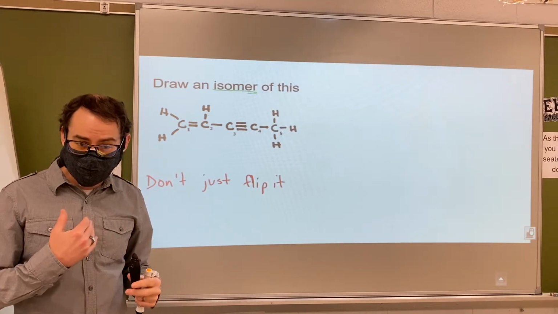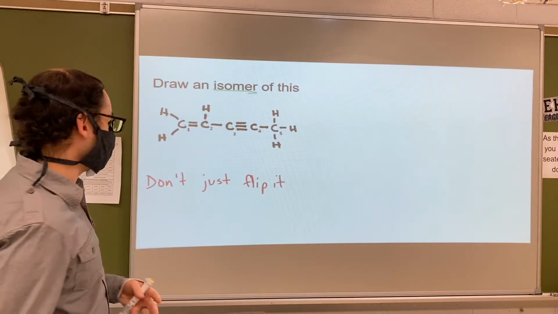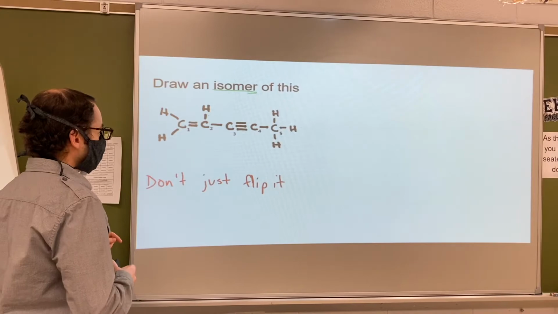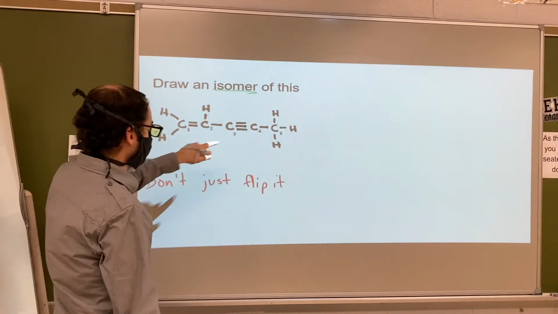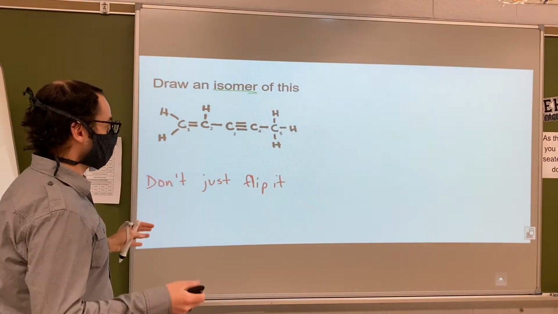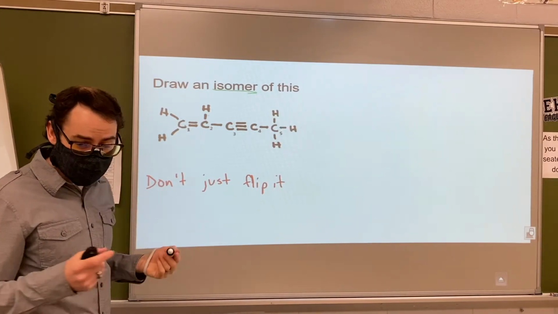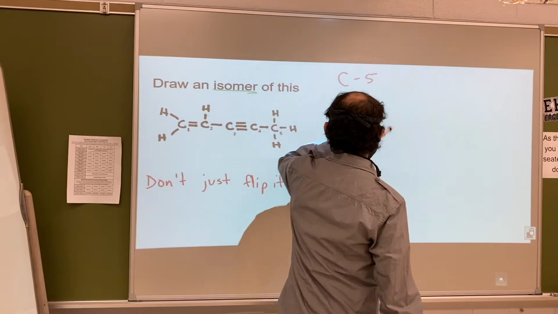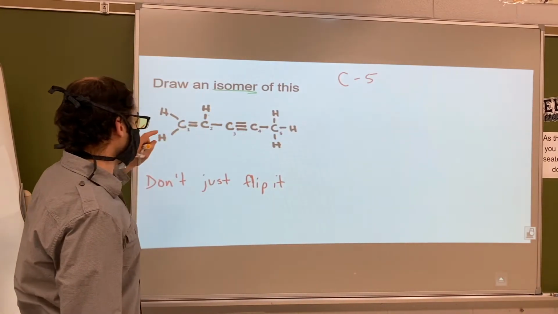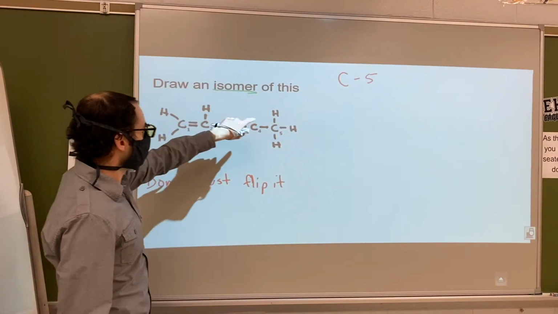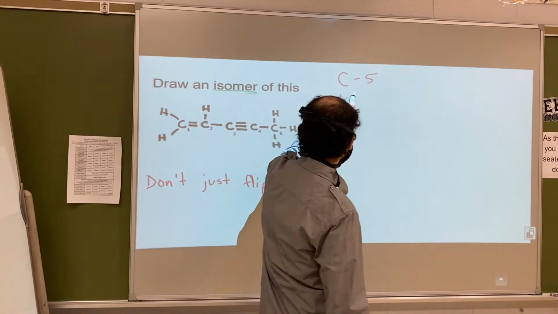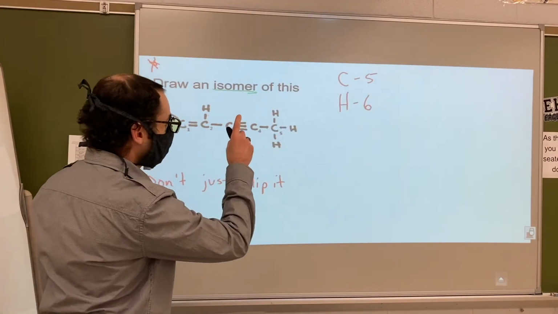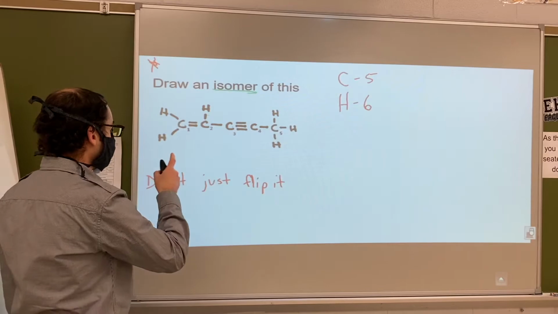So what I recommend you do for figuring out if it's an isomer would be to take that triple bond and be like, okay, I'm not going to do any triple bonds. Now remember, it's an isomer, so you have to keep the same number of carbons. So we have 5 carbons and the same number of hydrogens. 1, 2, 3, 4, 5, 6. Okay, so you want to make sure that it has the same number of carbons and hydrogens.